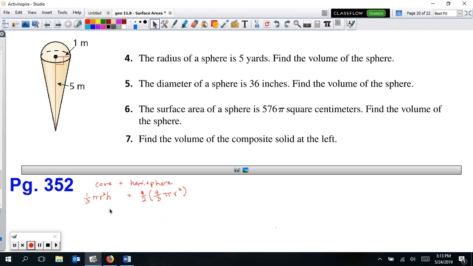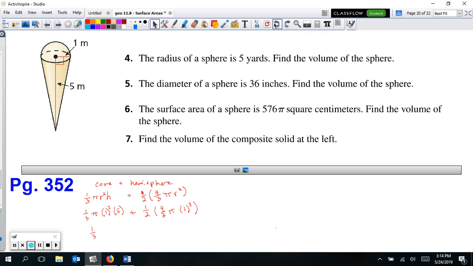So we have to fill in just a couple things. Radius is going to go in both of these places. The height's going to go here. So we'll start by doing 1/3 times pi times the radius, which is 1, squared, times the height, which is 5. And we're going to add that to 1/2 times 4/3 pi times 1 for the radius to the third power. So 1 cubed is still 1, 1 squared is still 1, so that will be easy enough.